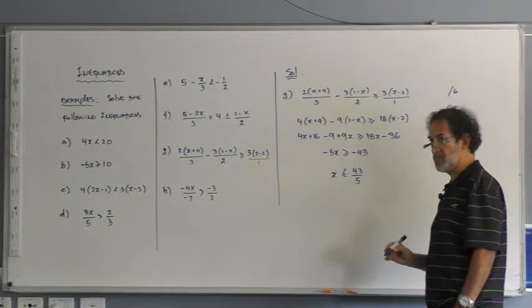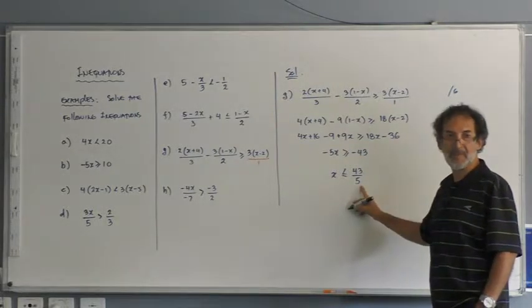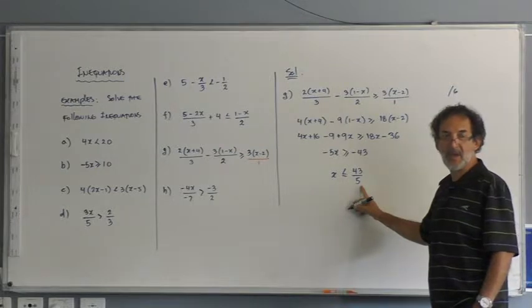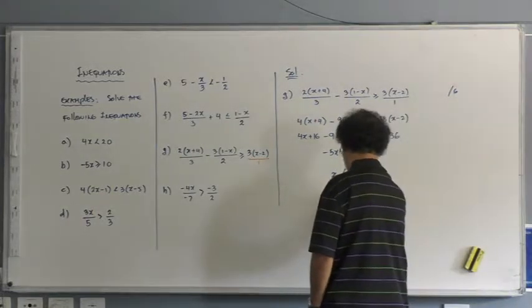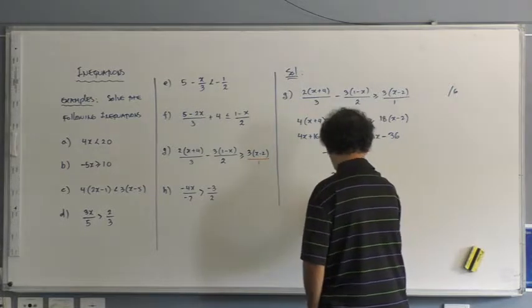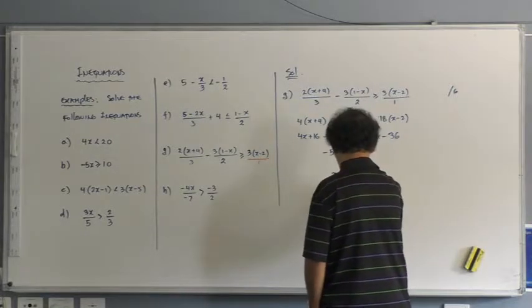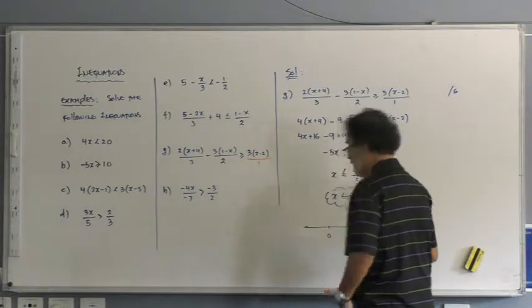And that is equal to what? 8 and 3 over 5. Is it positive 5? It's positive.